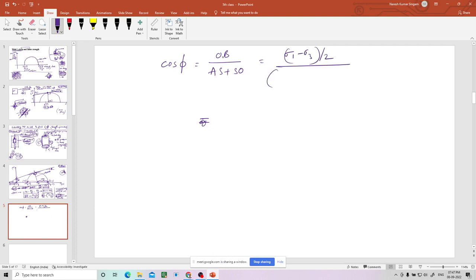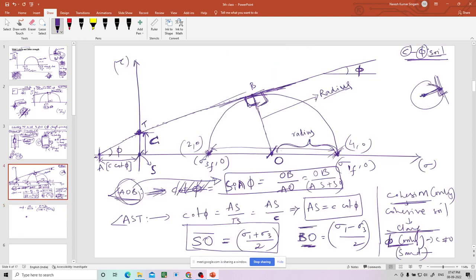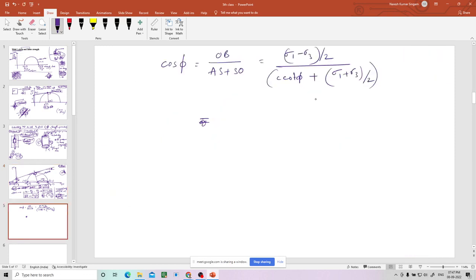What is AS? AS is C cot phi, right? Plus what is SO? SO is sigma 1 plus sigma 3 by 2, right? So I have written it in terms of these.